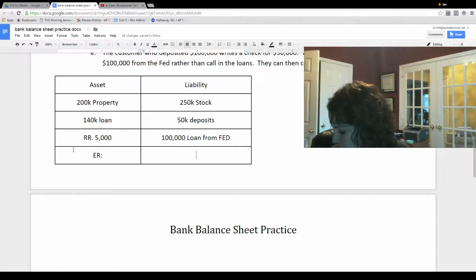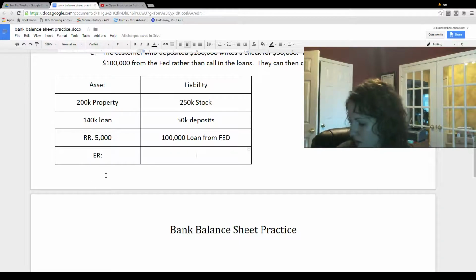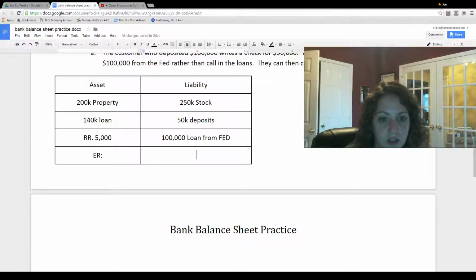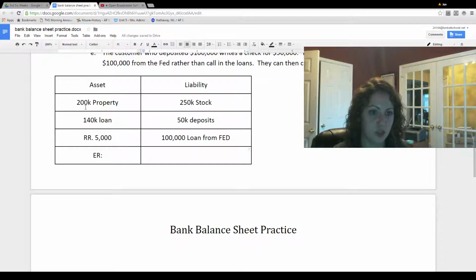So if, let's see here. I'm trying to do some simple math. Okay, so 250 plus 100 is 350 plus 50 is 400. So 400 minus 200 is 200 minus 140. Am I doing this right? I'm going to have to bring out my calculator.